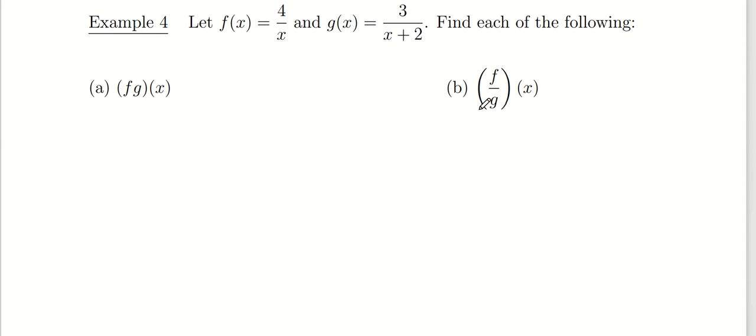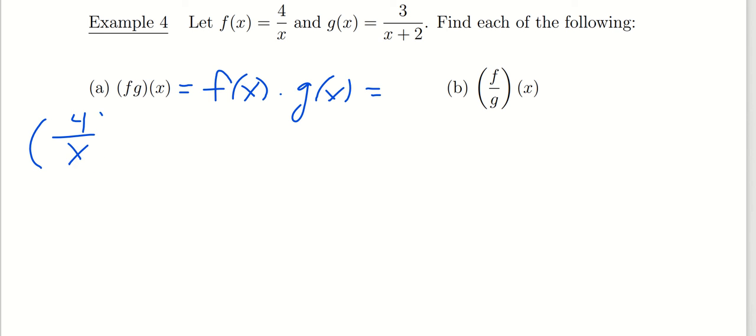Let's take a look at the next one. In part A, we want to find the product f times g of x. This is simply going to be equal to f of x times g of x. That is, it's going to be 4 over x times 3 over x plus 2. Multiplication of fractions, we know how this works.